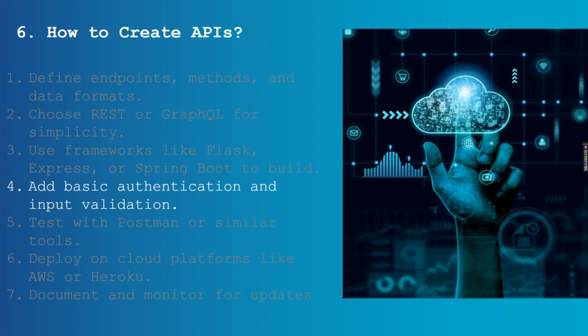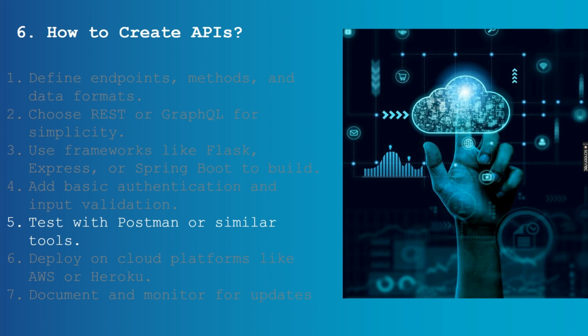Next is add basic authentication and input validation. And test with Postman or similar tools. Next is deploy on cloud platforms like AWS or Heroku. And the last one is document and monitor for updates.